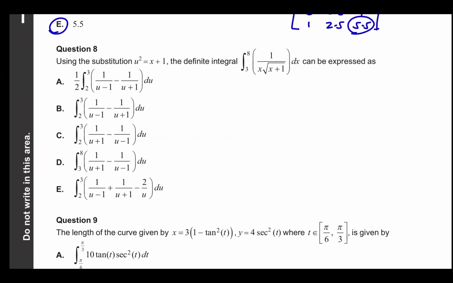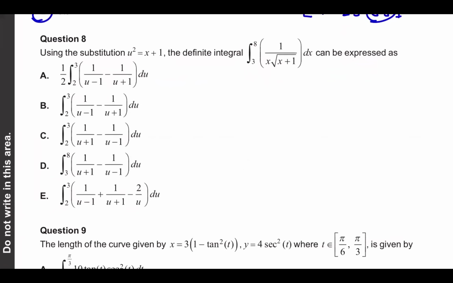Question 8. Using the substitution u squared equals x plus 1, the definite integral can be expressed in another form. Well, this was designed as a very good exam 1 question, I suppose. It could also be an exam 1 question, but what I would do here is actually go through a trial and error method.